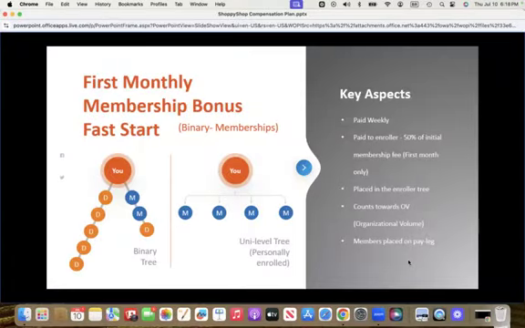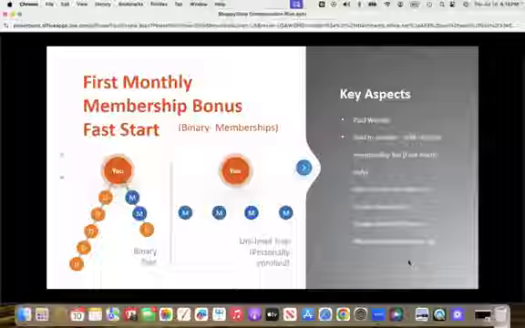Well, two people, you've made your money back. If you bring in three people the first month, you've more than made your money back. If you bring in five people, 10 people, 12 people, and next month you bring in three people, you're making over what you're spending every single month, and you haven't even got into the products, right? We haven't had any product purchases yet. So this is something we're super excited about.